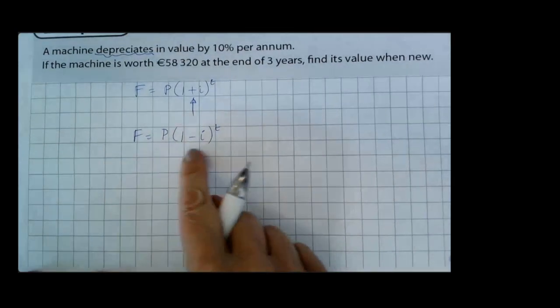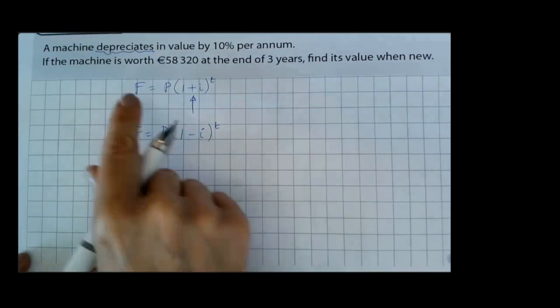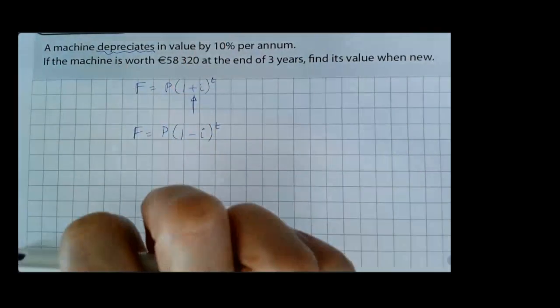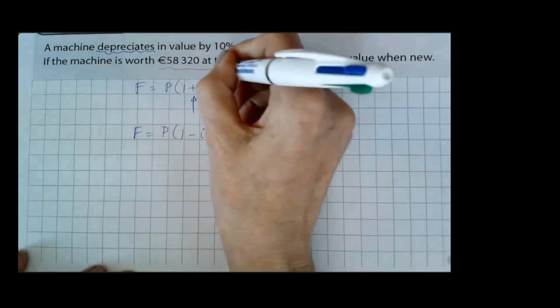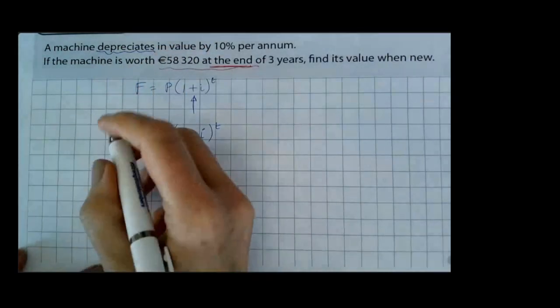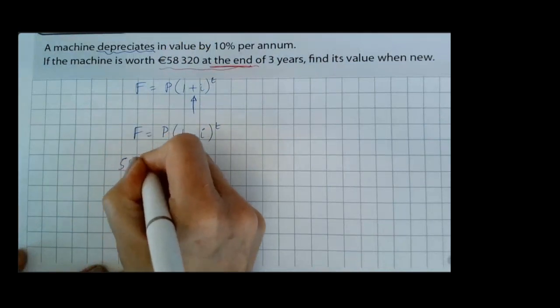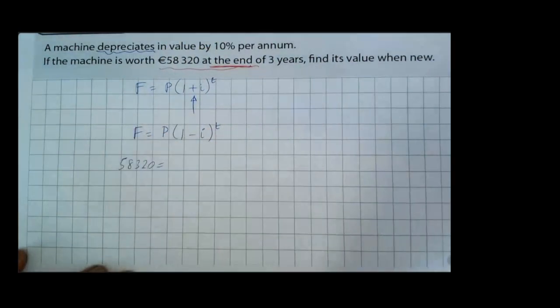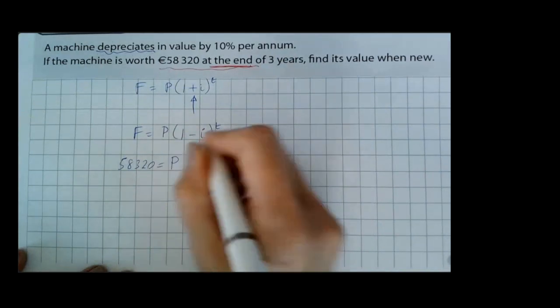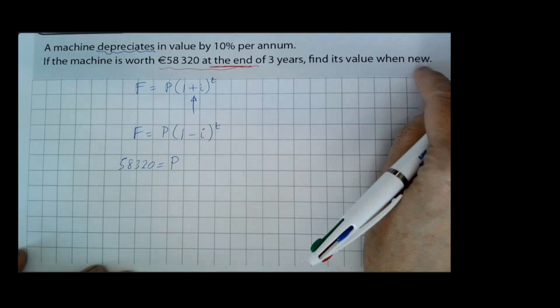So now I'm going to fill in what I know. It is worth 58,320 at the end. Now that's key. At the end means that is my final amount. So I'm putting that in for F. I don't know what the amount was at the start when it was new.